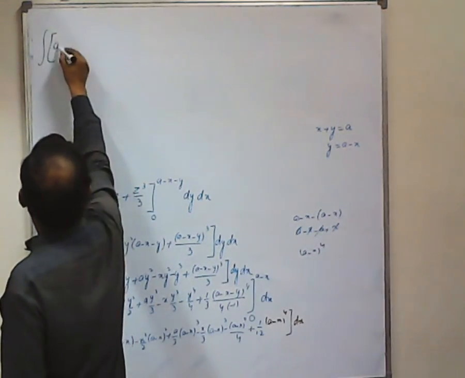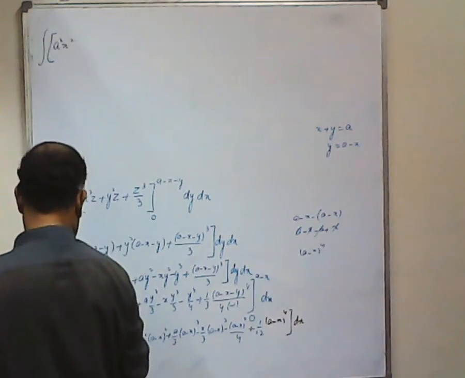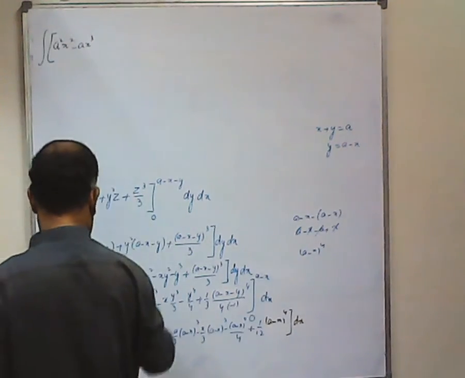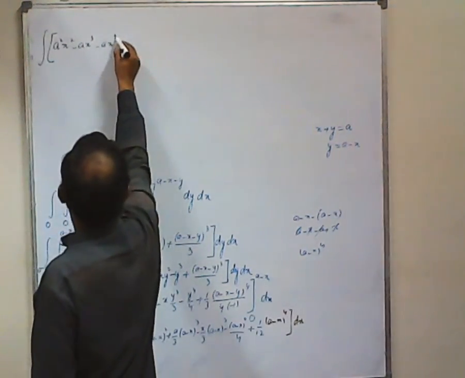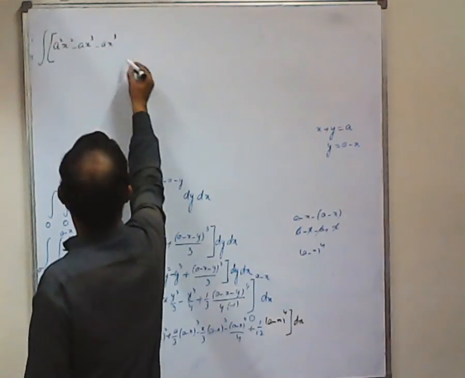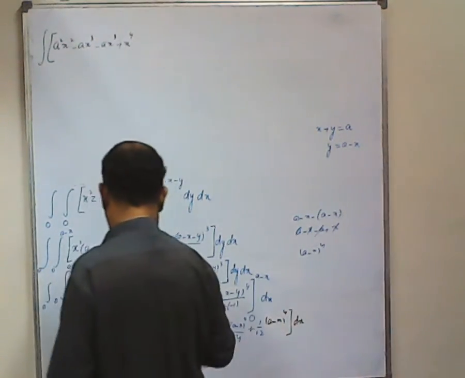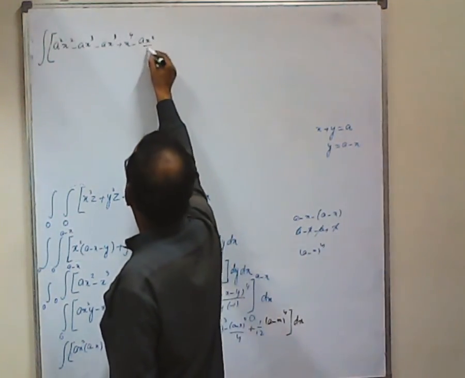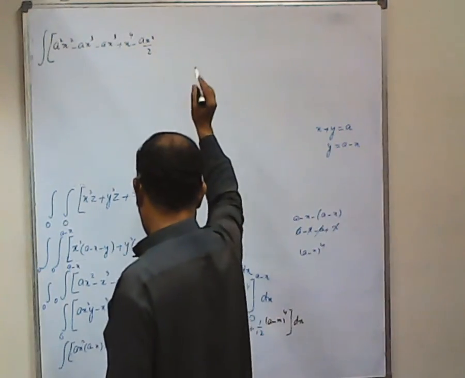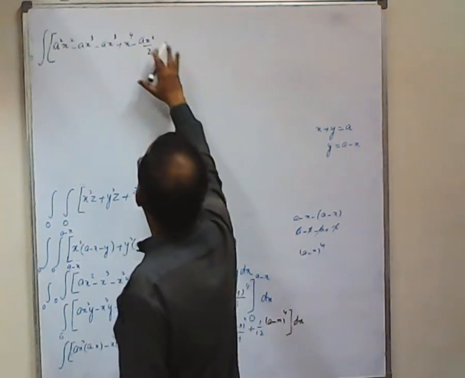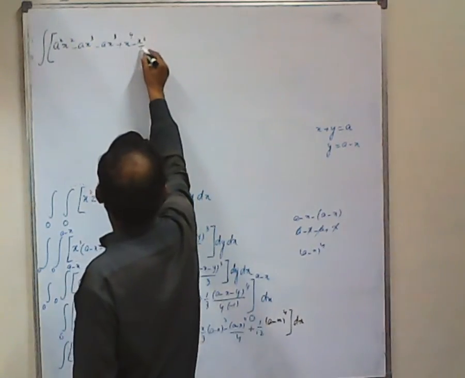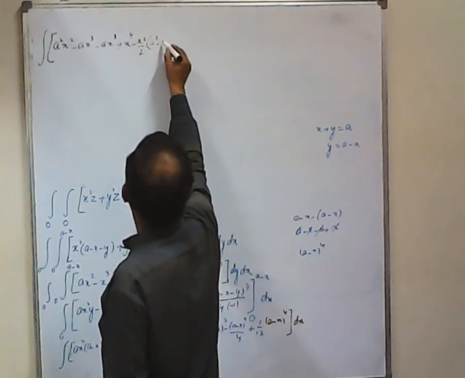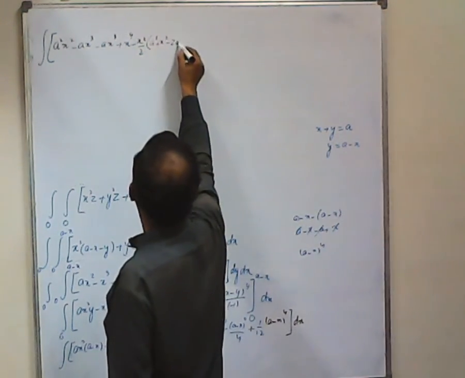It will be a square x square, then we have minus ax cube, then minus ax cube, minus minus plus x power 4, minus x square by 2, and we have a minus x whole square, which means a square plus x square minus 2ax.